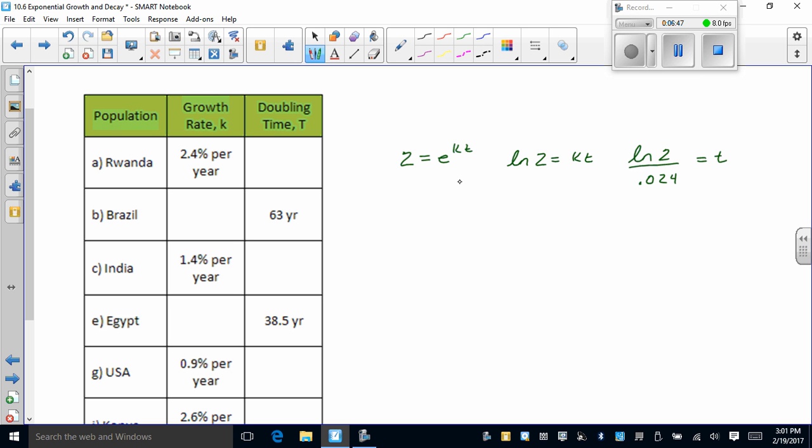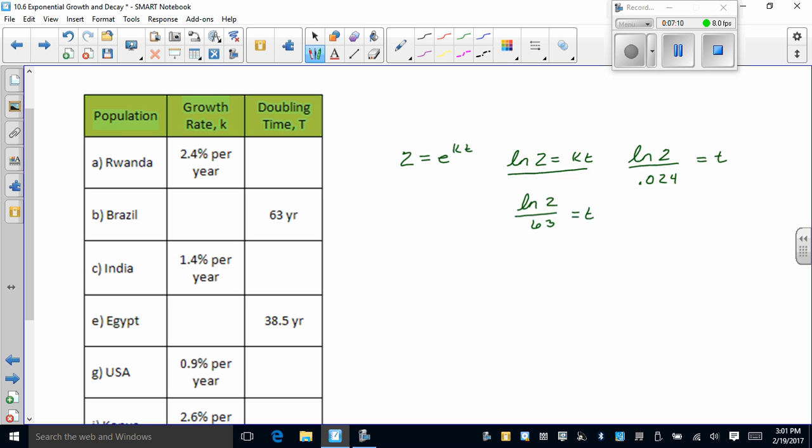This one I'm looking for k, so it's going to be the natural log of 2 over my t, which is 63. That's going to give me k. We're going to set them all up, and then we're going to jump on the calculator. This one we're looking for t again, so it's the natural log of 2 over k.